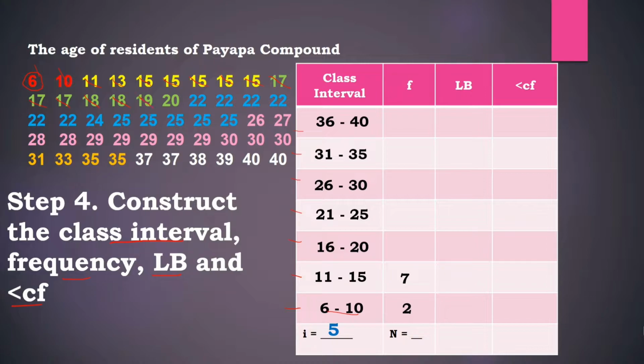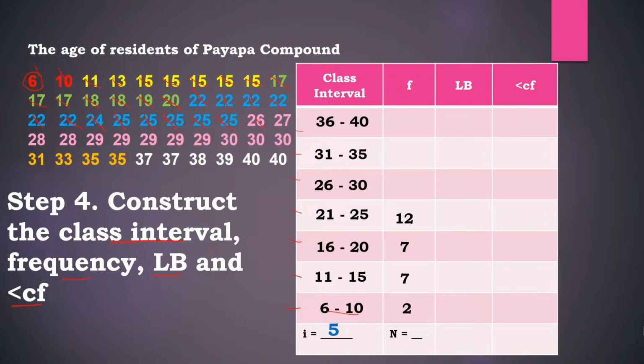So there are 7. For those ages 21 to 25, okay, 1 to 12. So there are 12. And for those ages 26 to 30, okay, let's count.